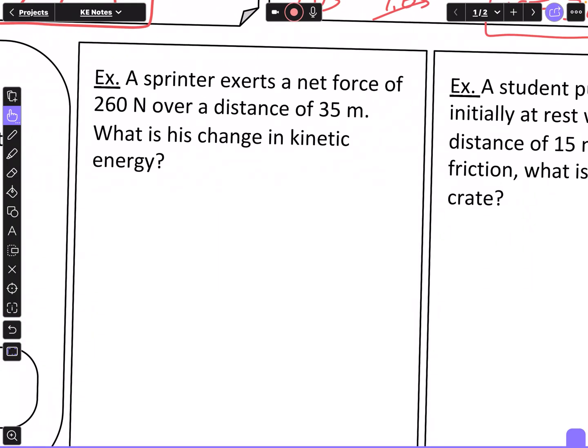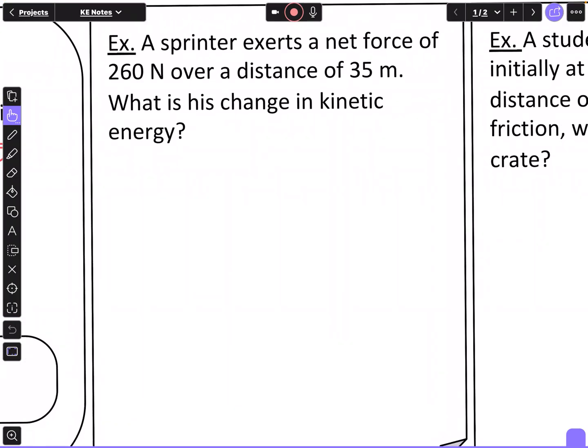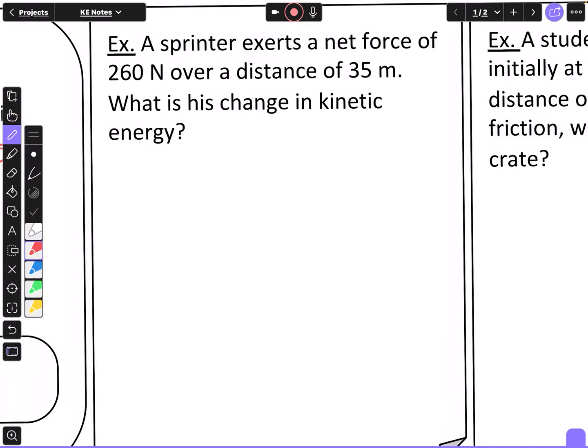So if we look at this problem right here, the sprayer exerts a net force of 260 newtons, so it's telling me a net force over a distance of 35 kilometers. What is the change in kinetic energy? Well, this equation tells me that the change in kinetic energy is equal to F net times d. So if you see that change in kinetic energy, you need to use this equation right here. And I'm actually solving for the change in kinetic energy, this whole left side here.